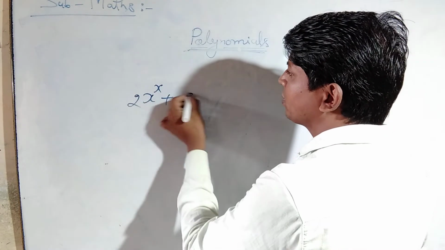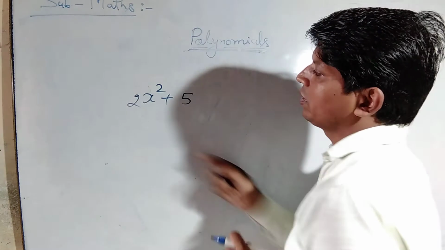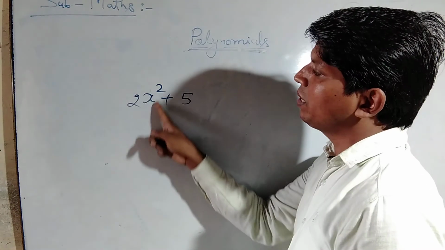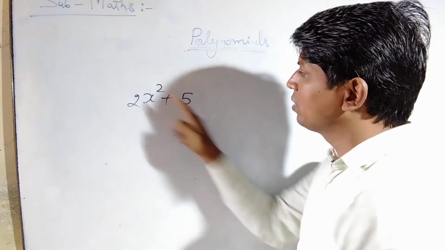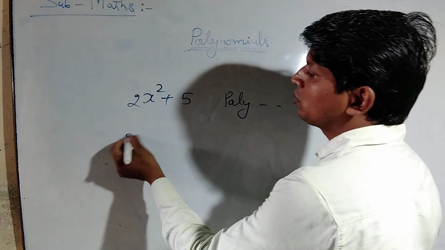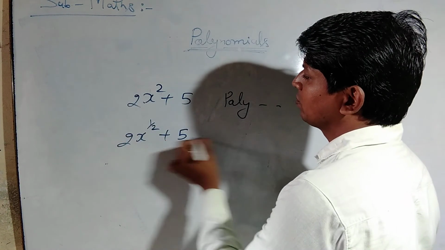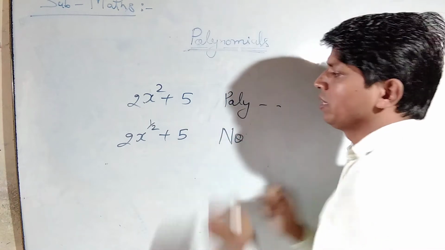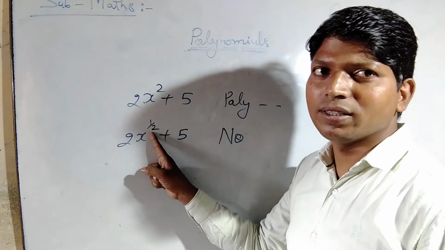Take the example 2x square plus 5. It is a variable having whole powers. 2 is a whole number. This is a polynomial. If 2x to the power minus half plus 5, it is not a polynomial because the power is not a whole number; this is a fractional number.